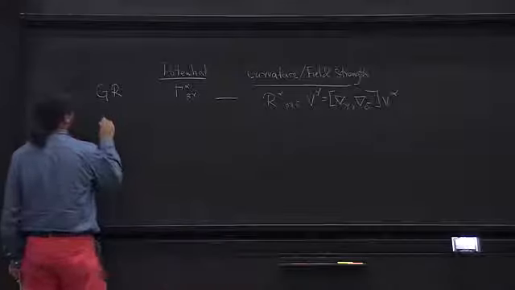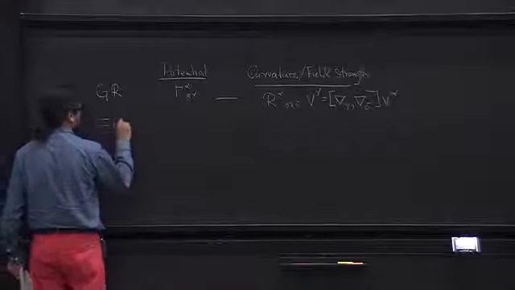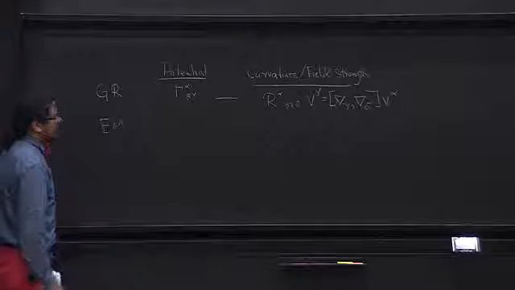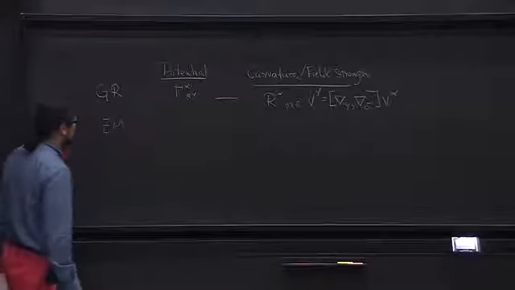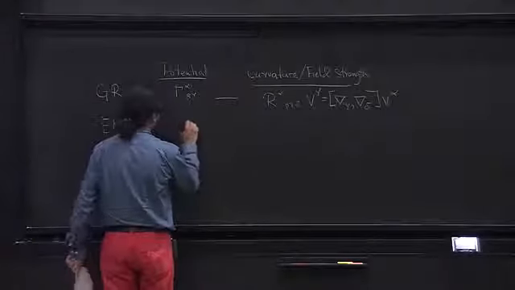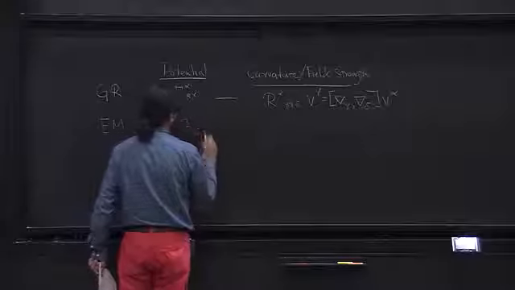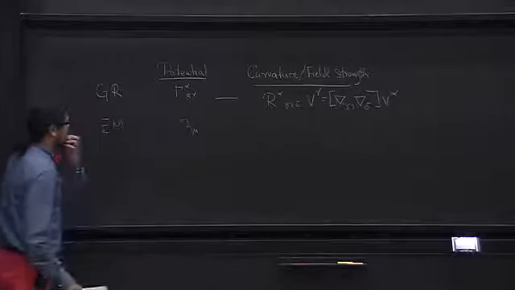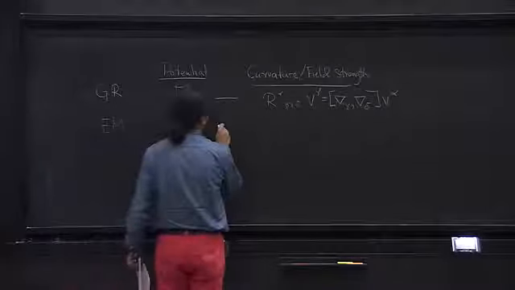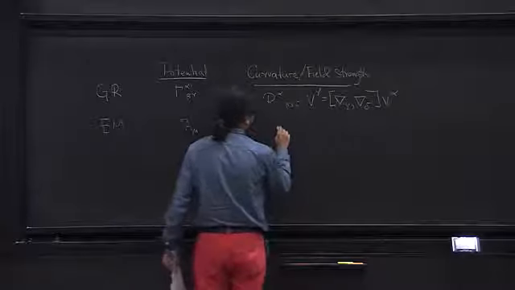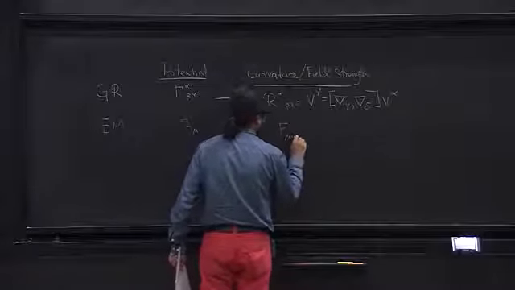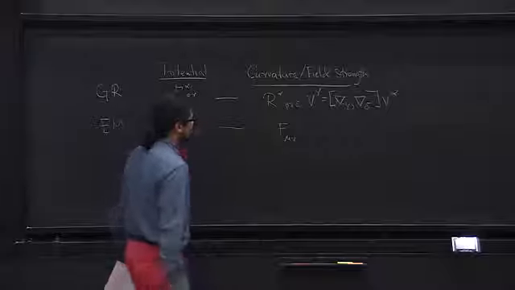And in E&M, there is an analogy. And the analogy is its potential is given by a 4-vector potential, and its curvature is given by some F mu nu.